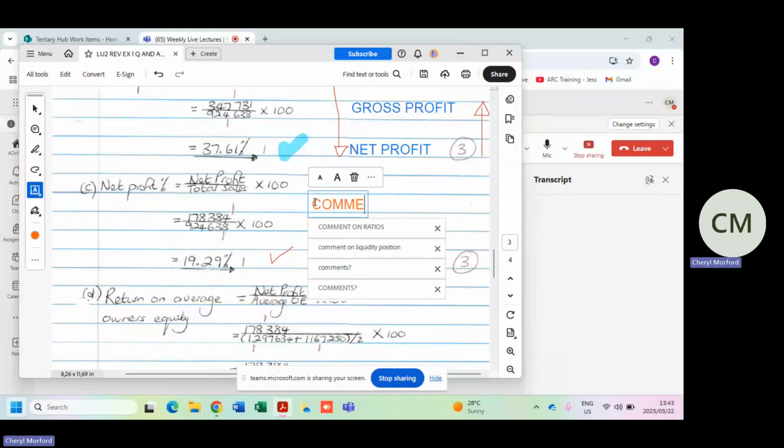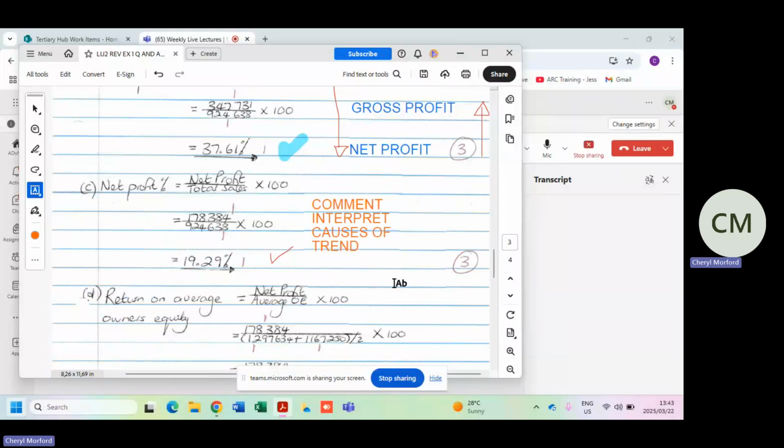You may need to comment on a ratio, maybe interpret it, or maybe give possible causes of it and identify a trend. So what do I mean by trend? Whether a ratio has improved over the period or whether it has worsened.